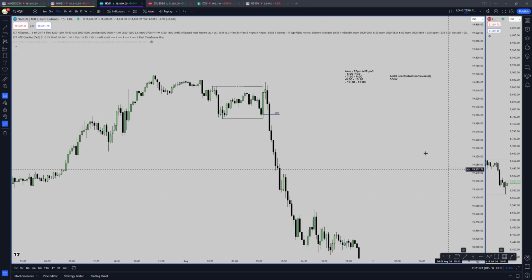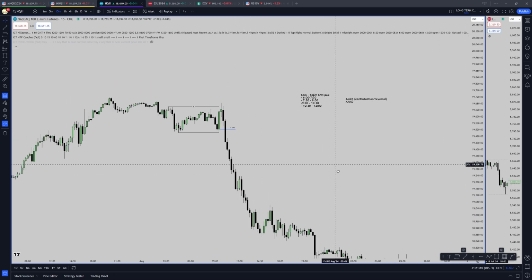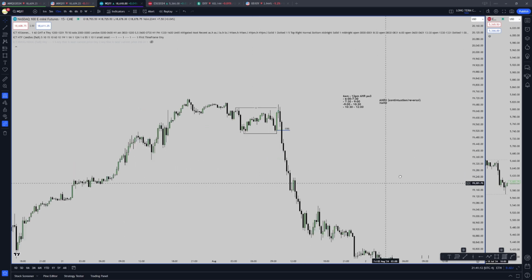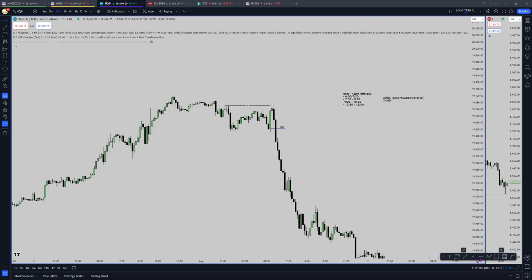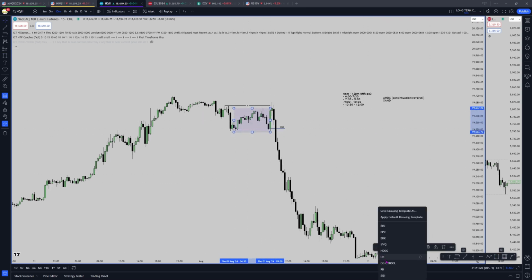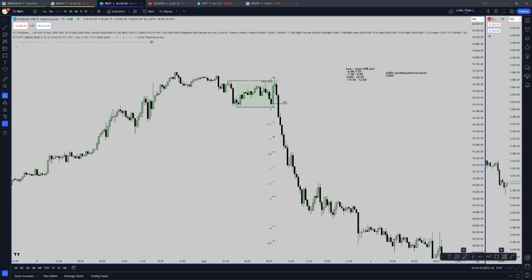10 and 11, yeah. The reason why the Silver Bullet works is because it is your second stage of distribution. So let's see, I can mark out, this is your original consolidation. So we mark out these lows.